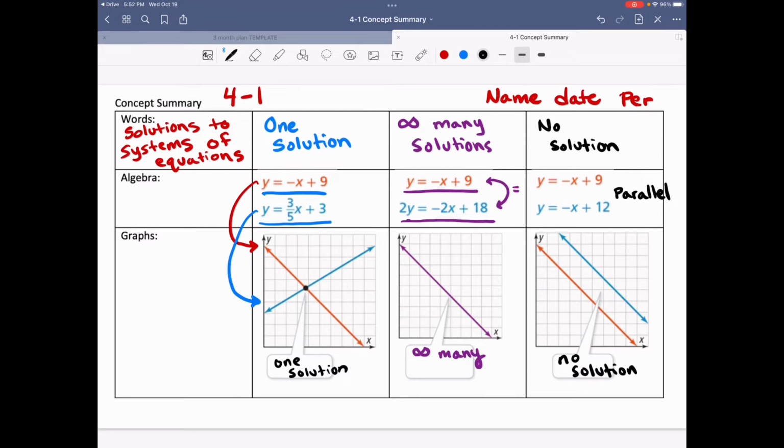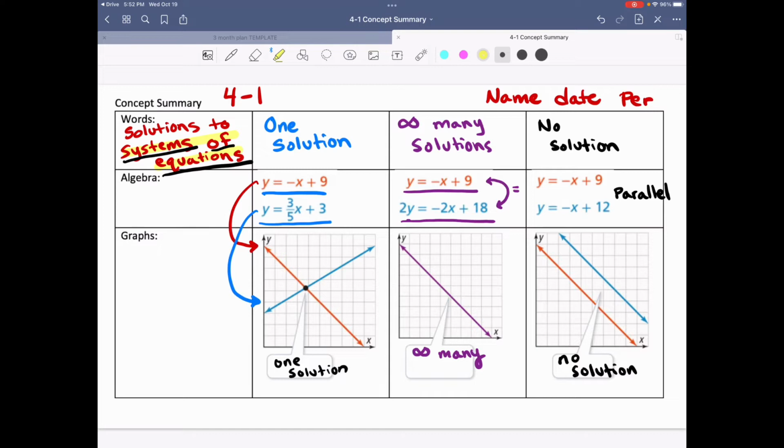So this is kind of the vocabulary that you're going to use today. We're going to be graphing lines. We're going to see if they cross, if they're on top of each other, like the same line, or if they're parallel. And it's called systems of equations.